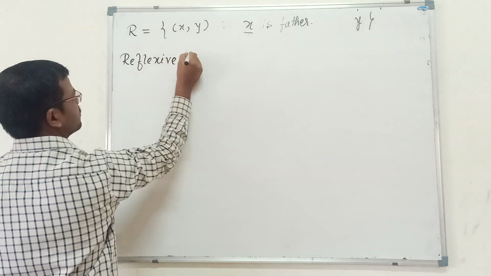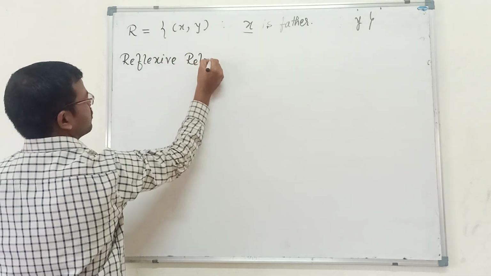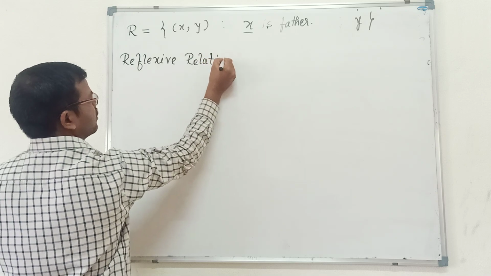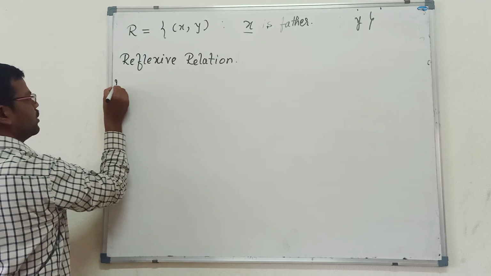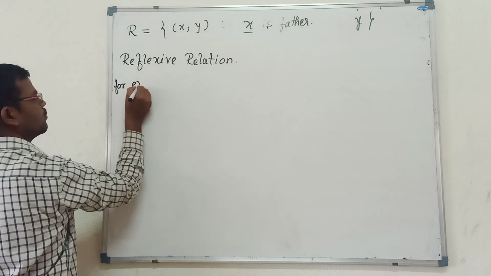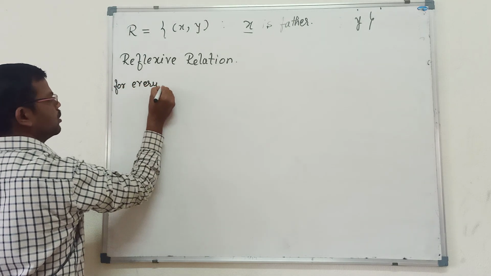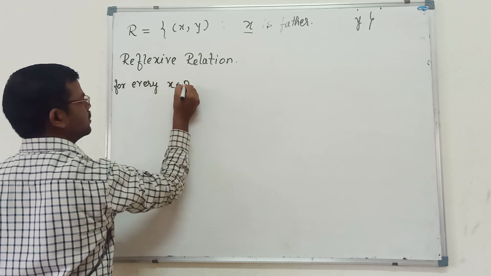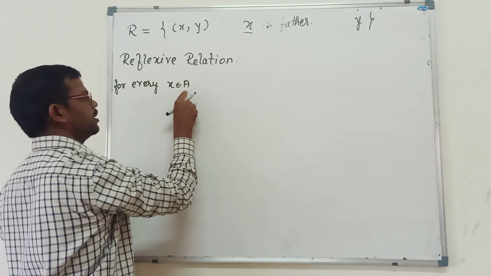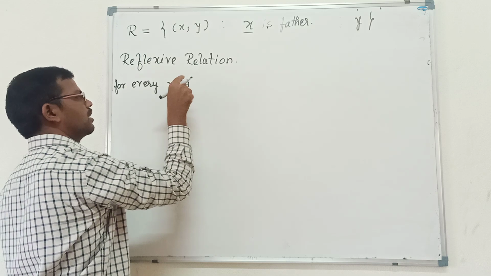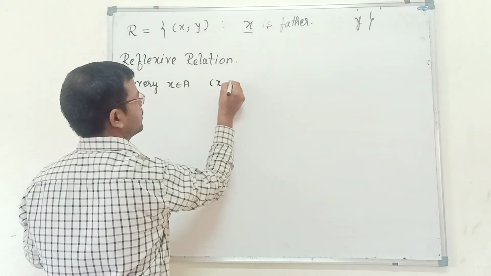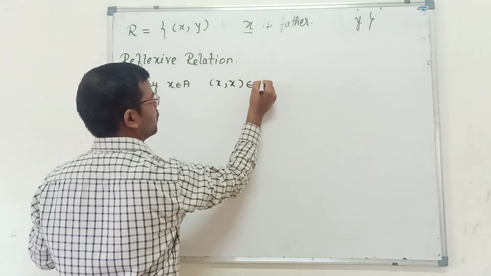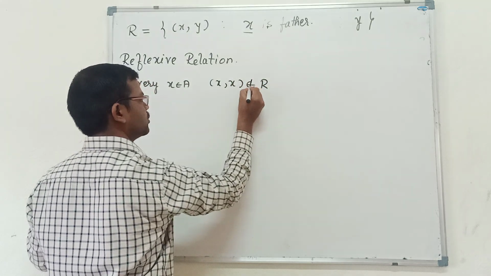Reflexive relation. For every x belonging to A, the set of people in a town at a particular time, is x comma x in R? It does not. Why?